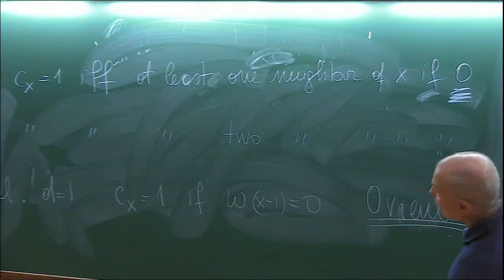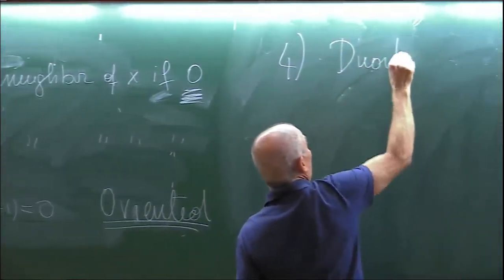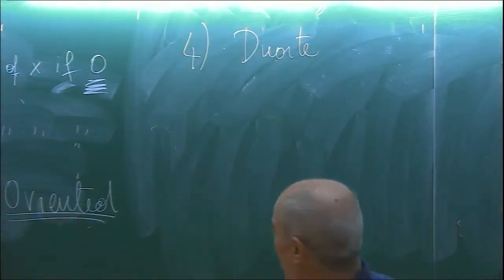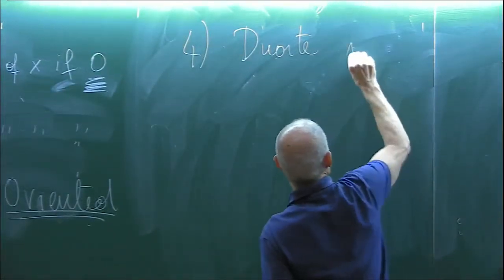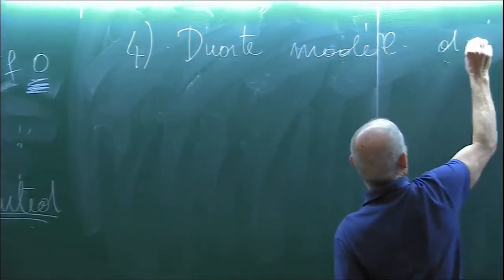So another model that has been quite popular among bootstrap percolation people is the Duarte model, invented by the physicist Duarte. Say d is 2.